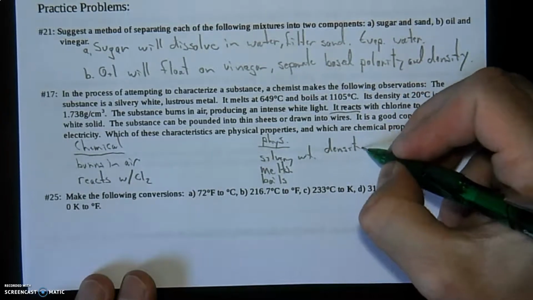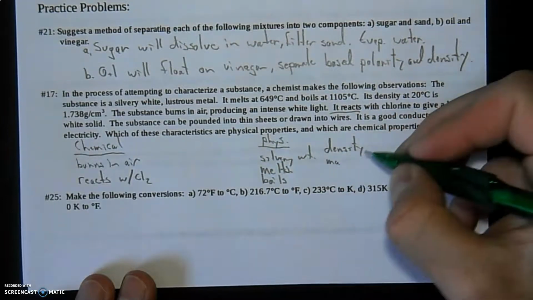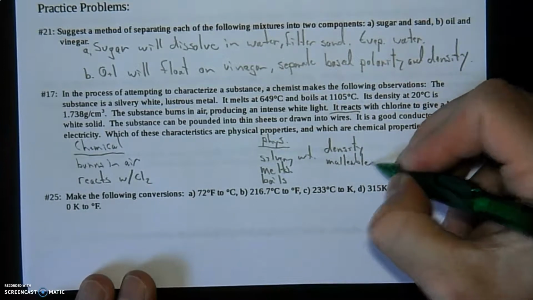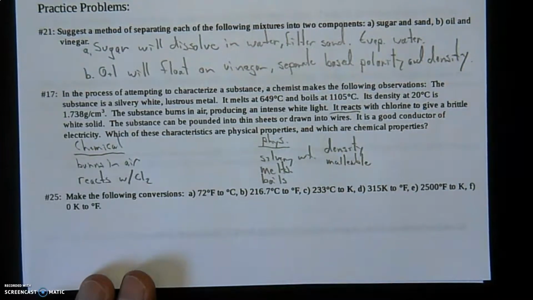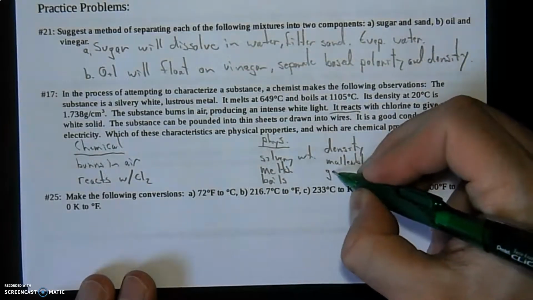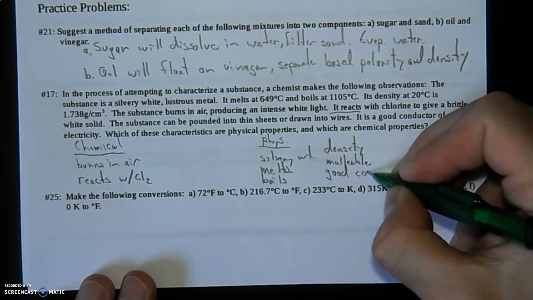That is a physical characterization. And we see about the whole pounding it out. That is malleable, being able to pound a metal into thin sheets. And it says something about ductile or something, I don't know.